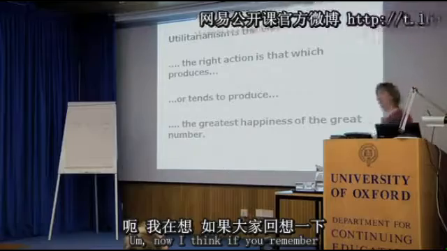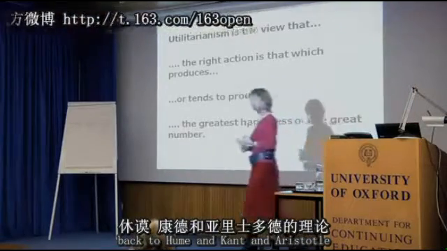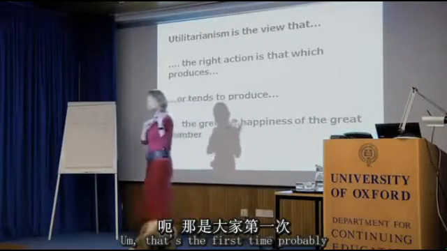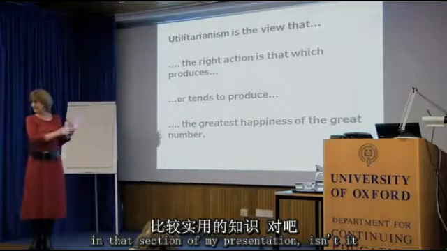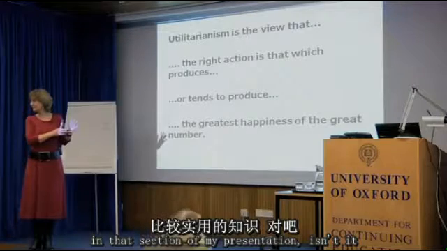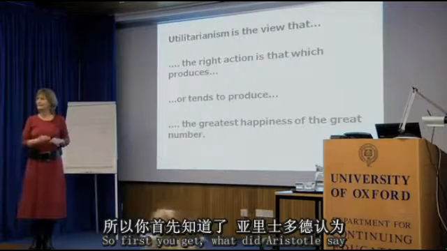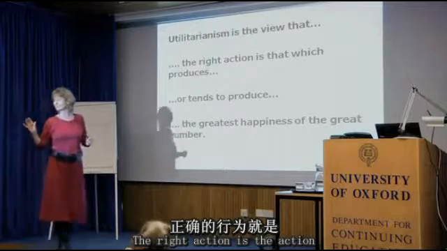Now, if you remember back to Hume and Kant and Aristotle, that's the first time you've got something really rather useful in that section of my presentation, isn't it? So what did Aristotle say?